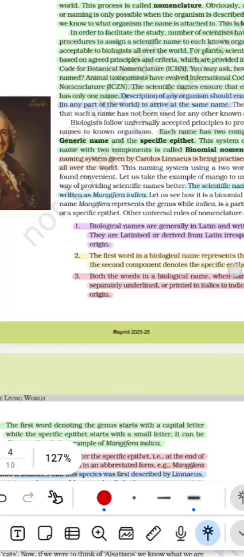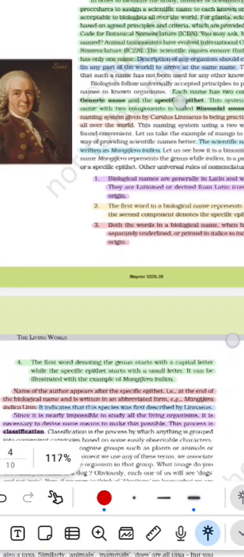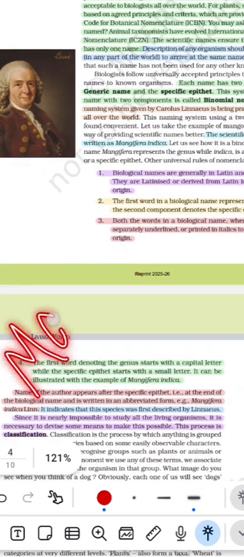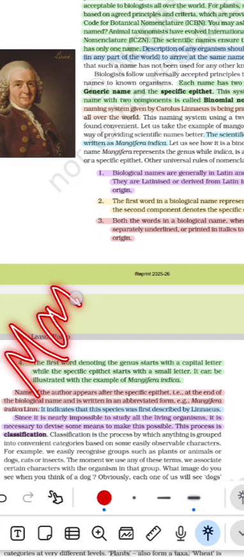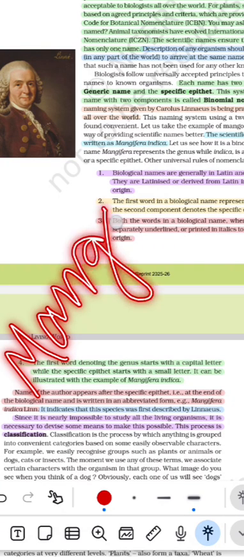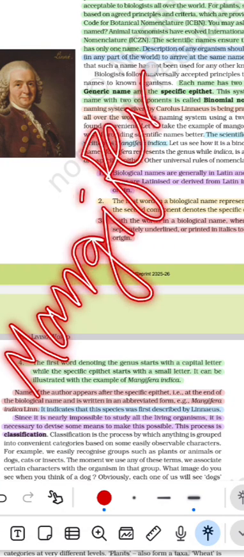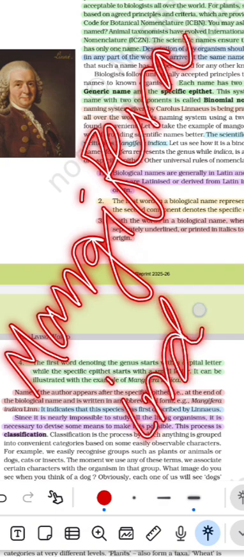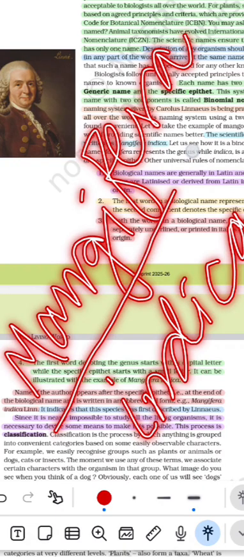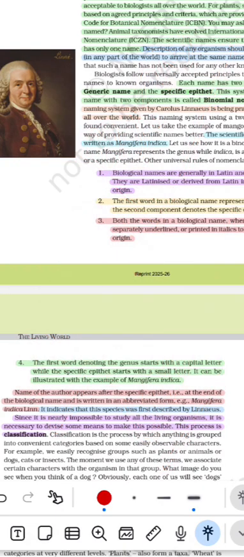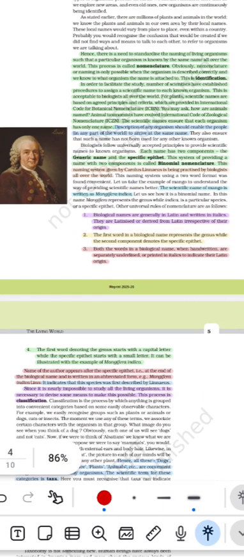If I write Mangifera indica, or you write Mangifera indica in your notebook, then we should underline this, because we have not written in italics.